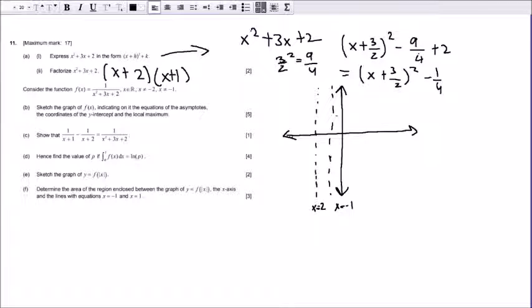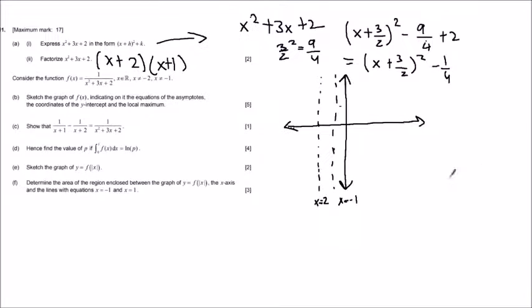Okay, let's start this. We have 1 over x squared plus 3x plus 2, which is 1 over x plus 2, x plus 1, as we've seen. So when is this positive?